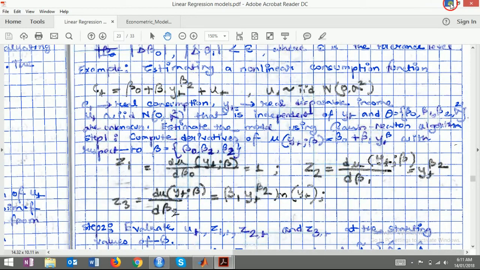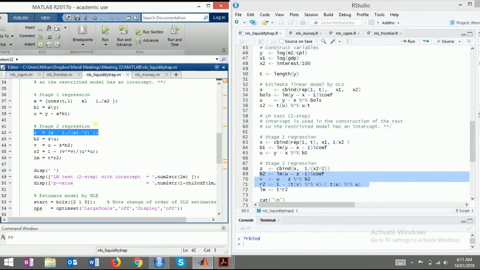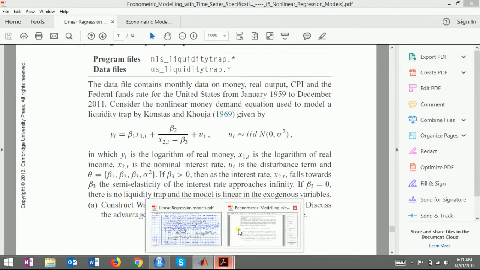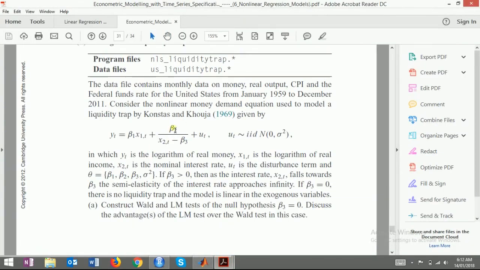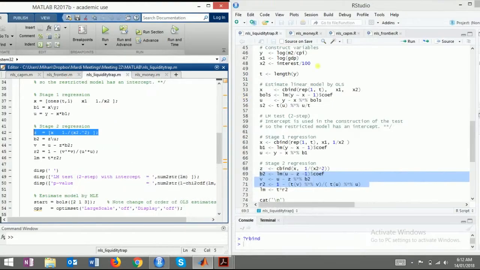That's how it comes in. That's why first when we regressed on beta 2, basically there was nothing. Then when we regressed on this, it became squared, x2t minus beta 3, 1 by x2 squared, just that, nothing else.